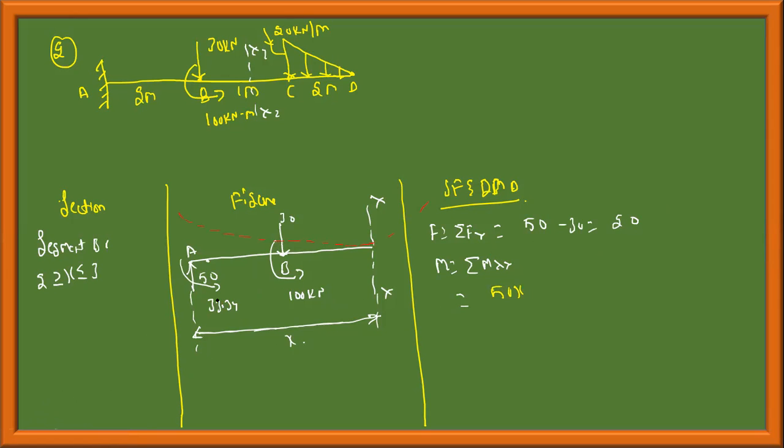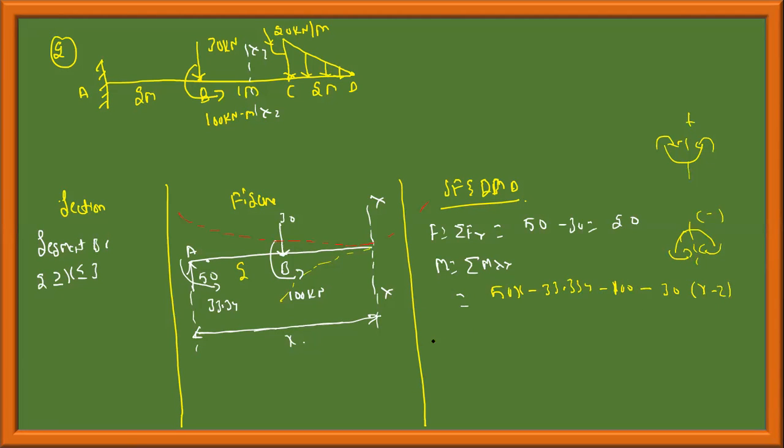This moment is in the counterclockwise direction, so it is negative, minus 33.34. Then minus 100, and this is minus 30 into (x minus 2).